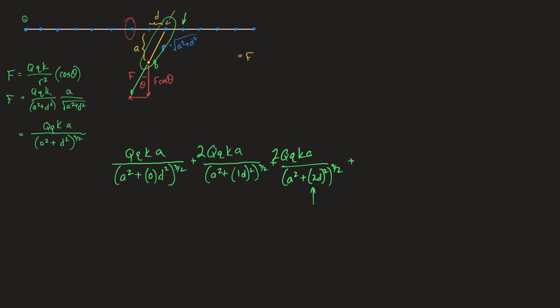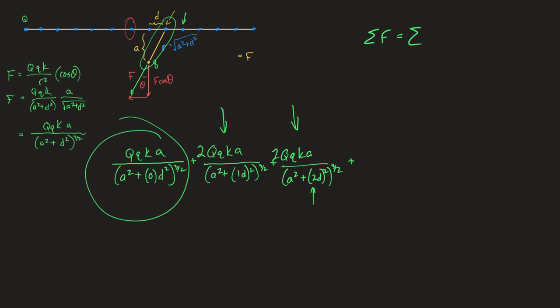But I could talk about the net force being a summation of all of this. Now, I probably wouldn't include this in my summation because that one's not doubled. But I can include all of these in the summation because they are doubled and they're all exactly the same.